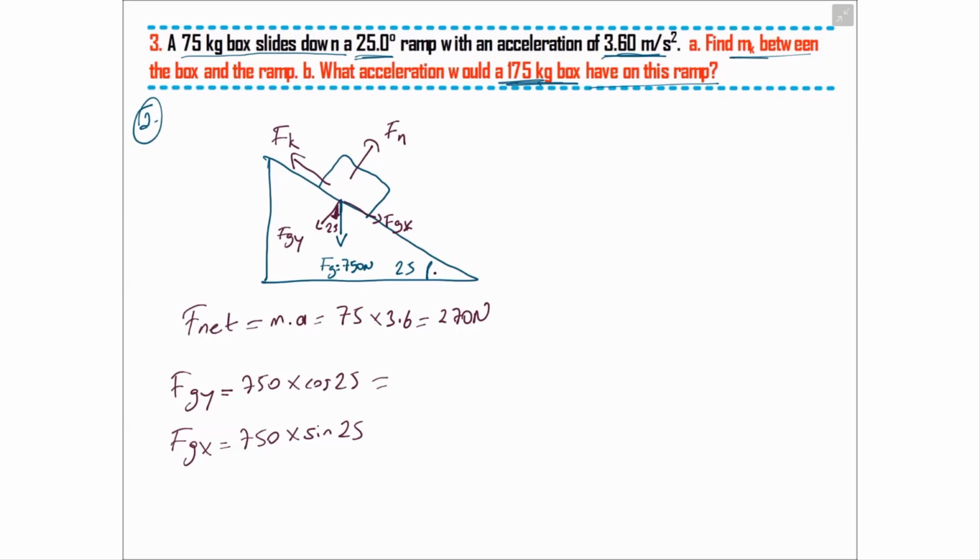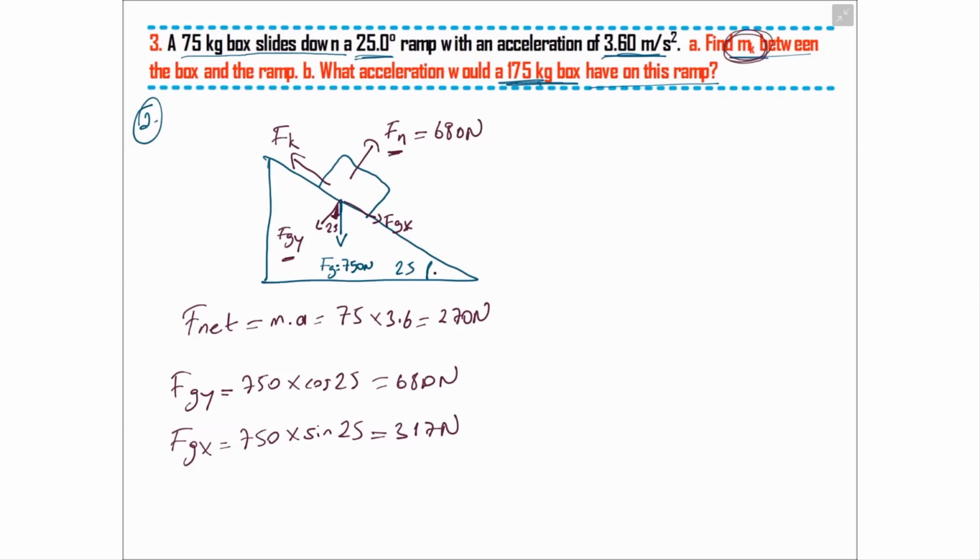Fgy will be 680 Newton. Fgx will be 317 Newton. And here Fgy equals Fn, directly we can say. So the value of Fn will be 680 Newton.